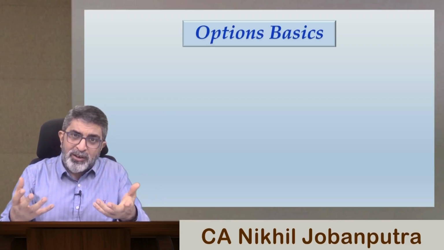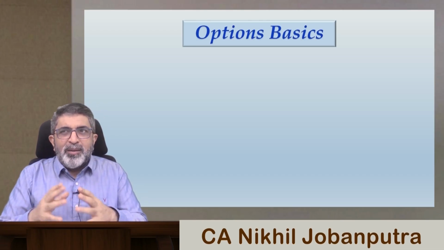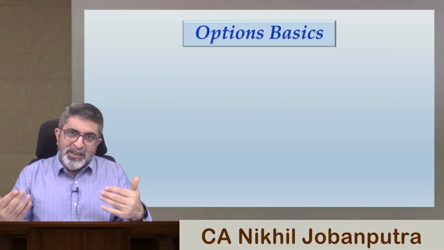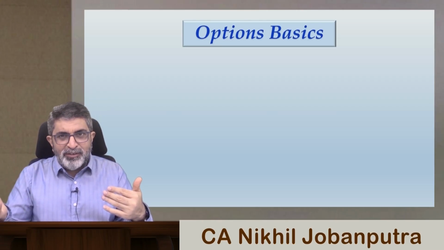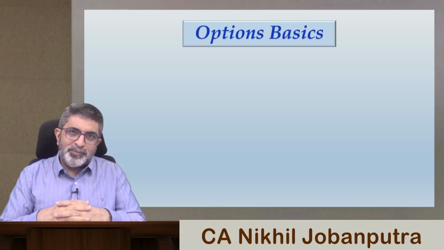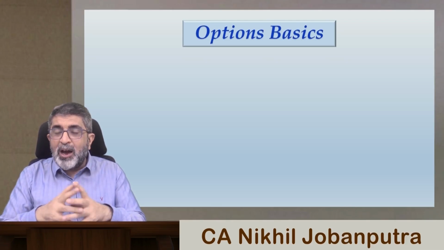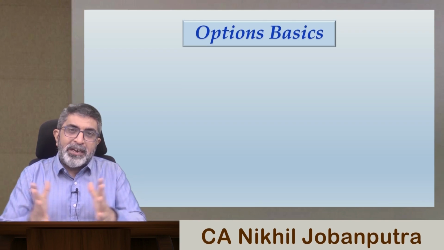The first thing that we learned was an example from options. But eventually, when we continued with our discussions, we took more of forwards and futures. But now, let us explore everything about options and how options work as a derivative instrument.